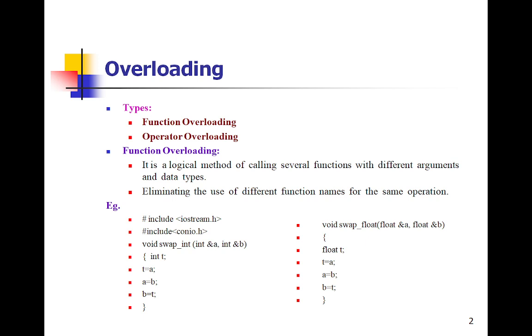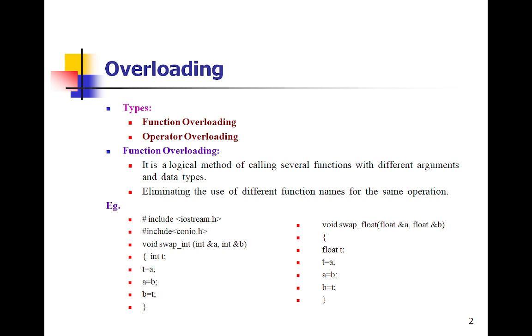If all the functions have the same function name, we call it overloading. We differentiate the functions by the number of arguments we are passing, or based on the data type of the arguments we are passing. That is function overloading: several functions within a single class with different arguments and data types.